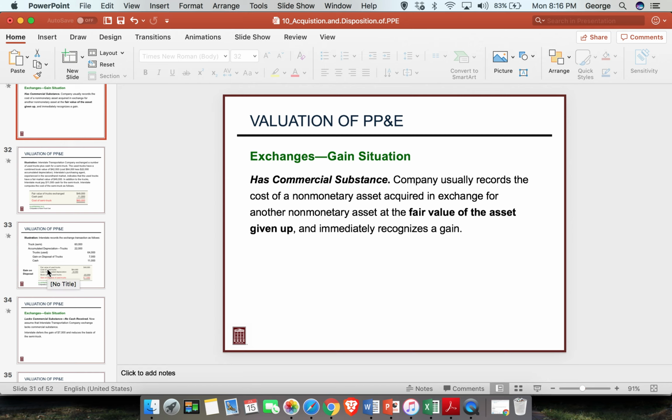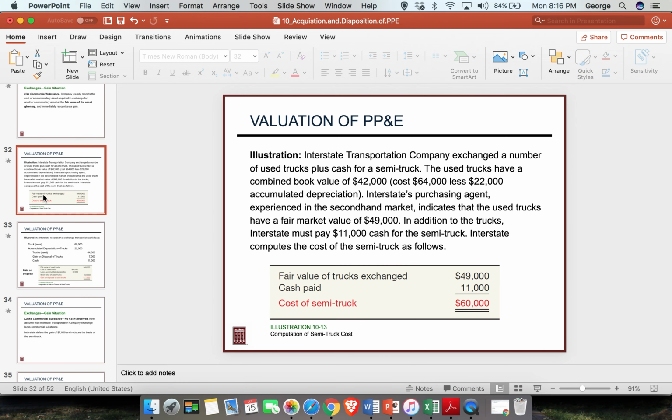If it has commercial substance, as I mentioned, record the non-monetary asset received in exchange for another non-monetary asset at the fair value of the asset given up, and then immediately recognize the gain. The Interstate Truck Transportation Company exchanged a number of used trucks plus cash for a semi-truck.